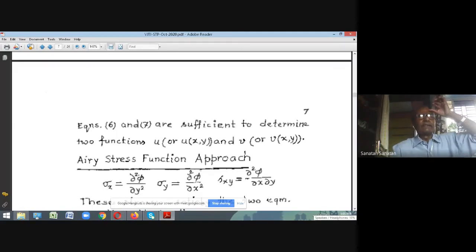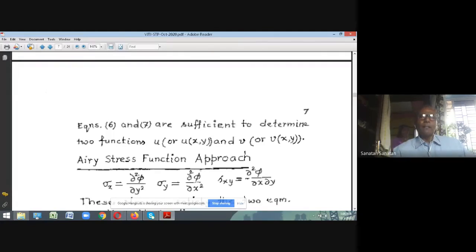Statical indeterminacy: in the case of the strength of materials problem, when you see the free body diagram of your element, from left to right end, P is acting from the point C to the right, and you have reactions at the wall, at the left end some RA and at the right end some RB.